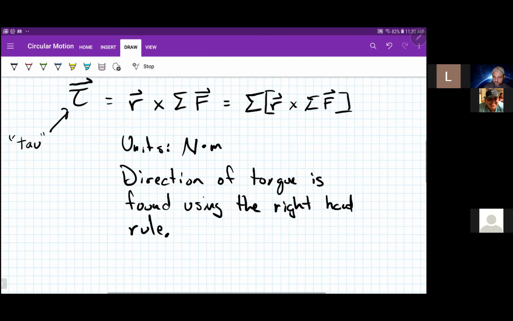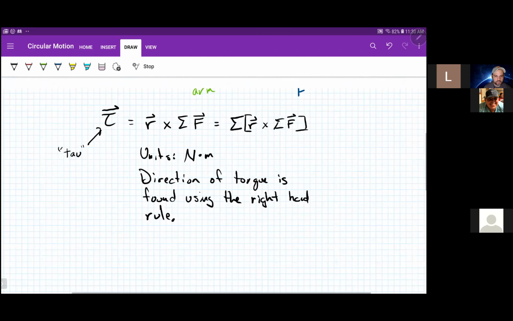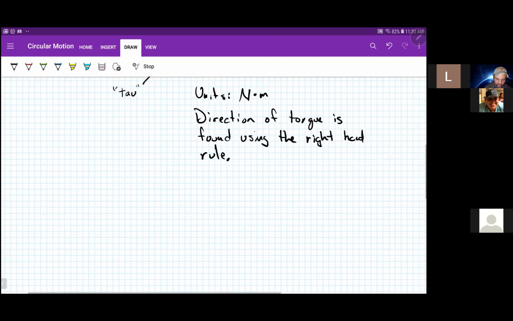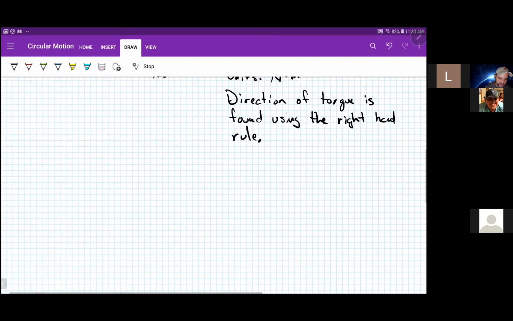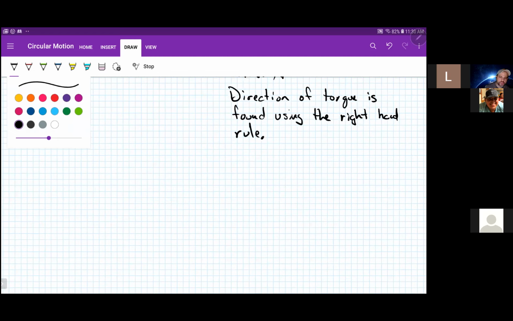So mathematically, we've talked about what torque is, but more practically, torque is just a twisting force that causes rotation.